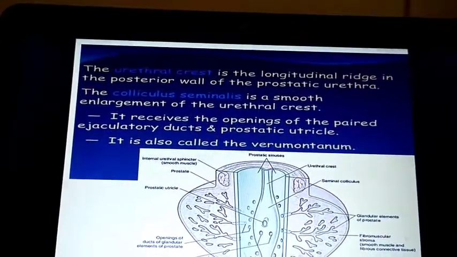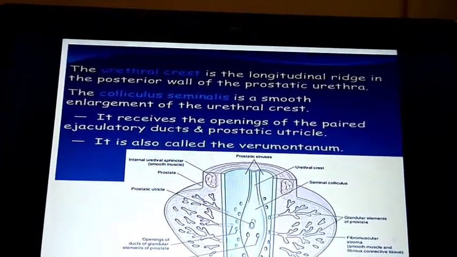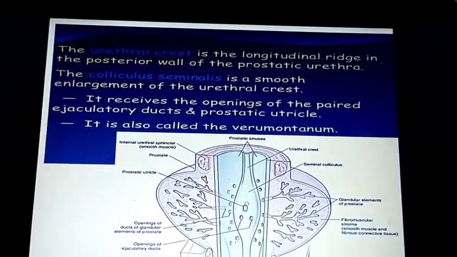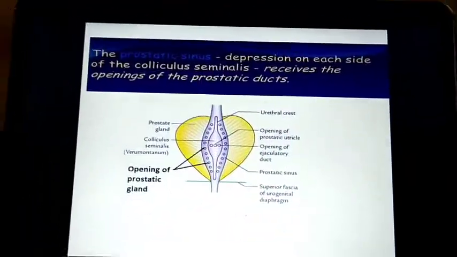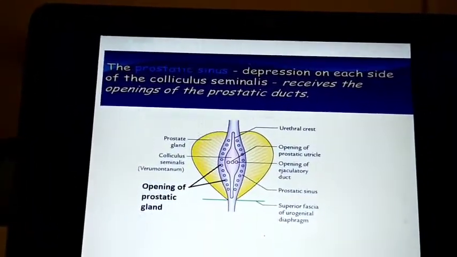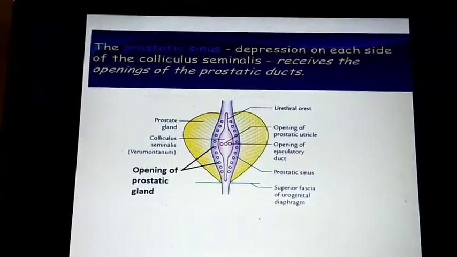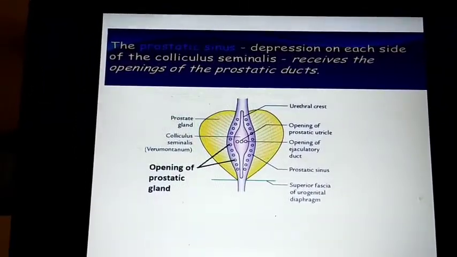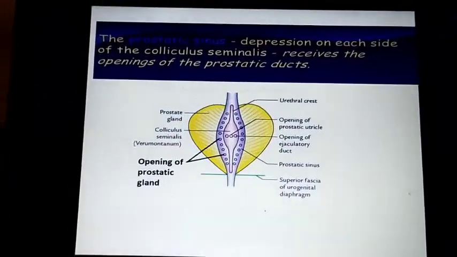It receives the openings of the paired ejaculatory ducts and the prostatic utricle. Then the prostatic sinus: the depression on each side of the colliculus seminalis receives the openings of the prostatic ducts, the prostatic sinuses.